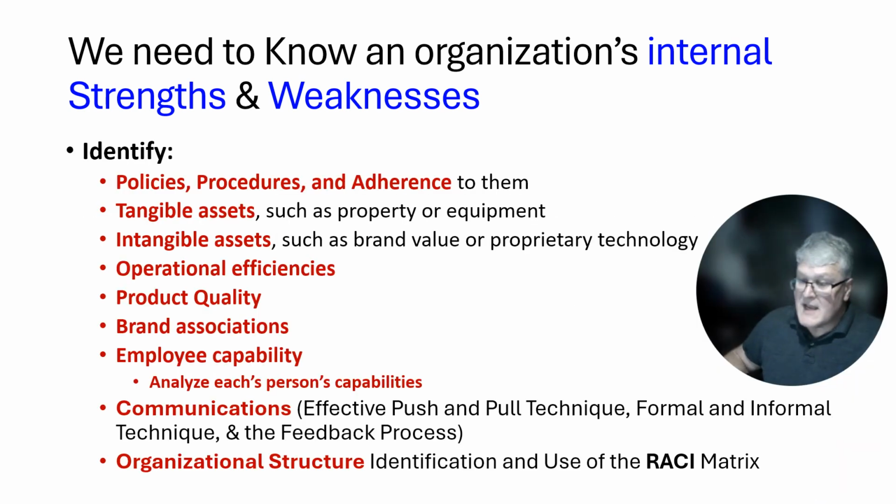Some other things that can be identified from internal strengths and weaknesses: the policies and procedures in an organization and their adherence to them, the tangible assets, property or equipment, inventory of your organization, and the intangible assets, in other words, those things that you can't put your hand on, like brand value or proprietary technology or patents, things of that nature.